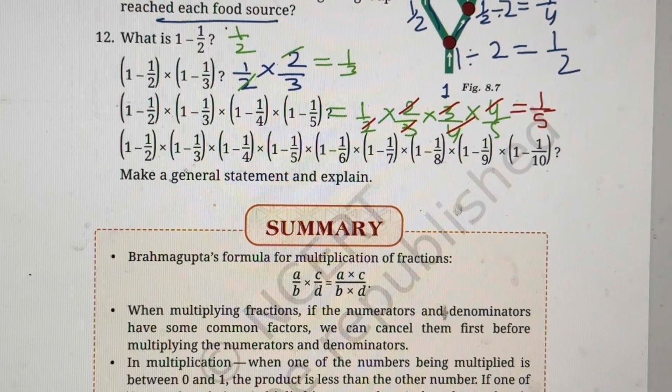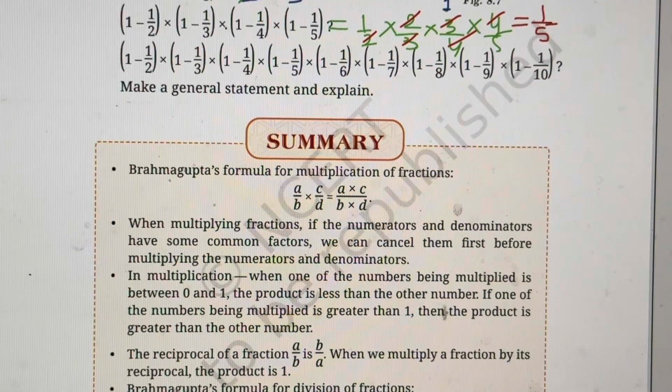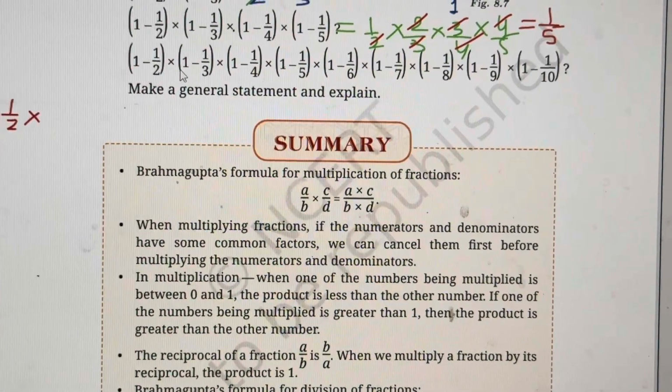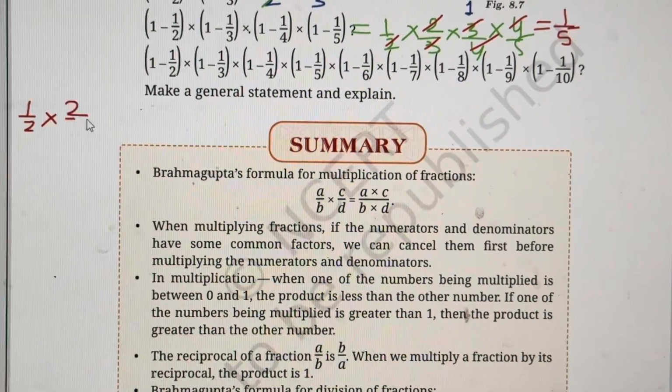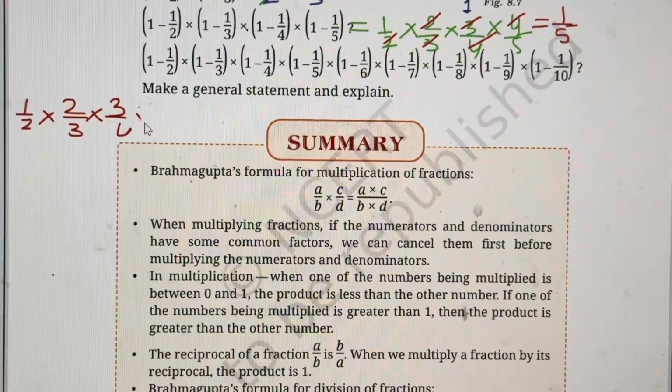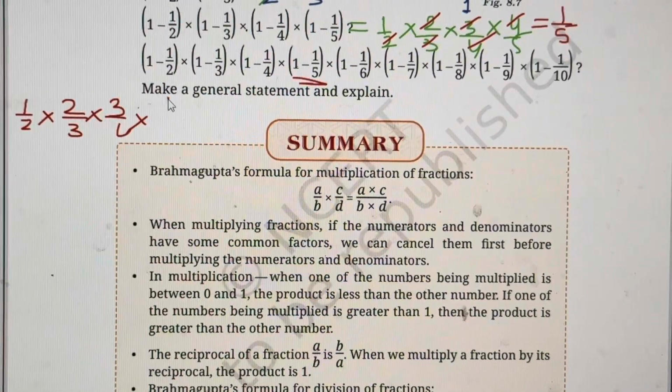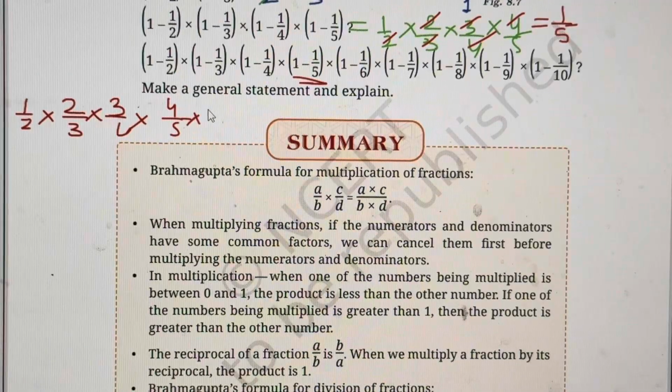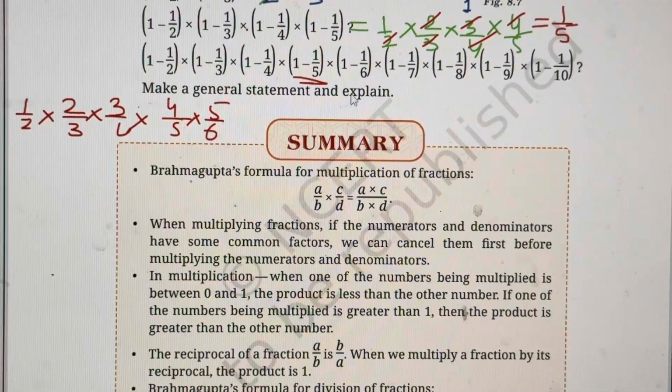it's a long statement, there are so many numbers over here, but the pattern is the same. Like 1 minus 1 upon 2 is 1 upon 2, into 1 minus 1 upon 3 is 2 upon 3. This will be 3 upon 4. This is 4 upon 5. This is 5 upon 6.